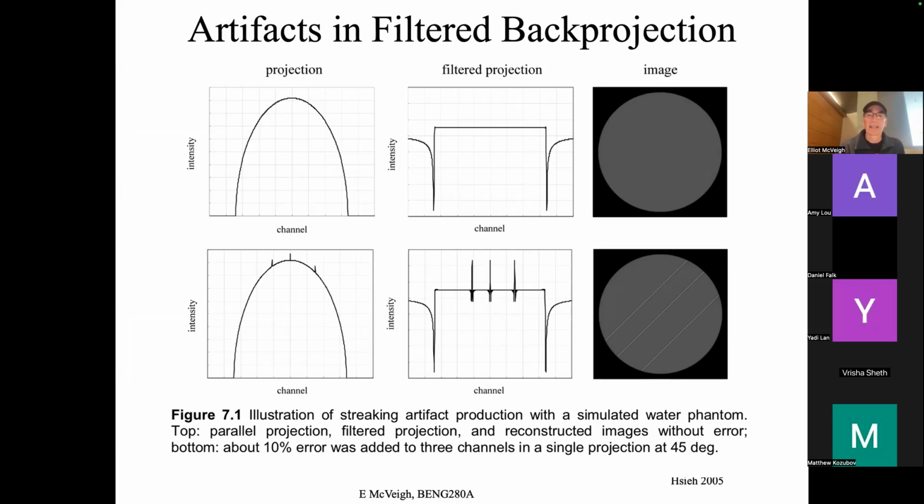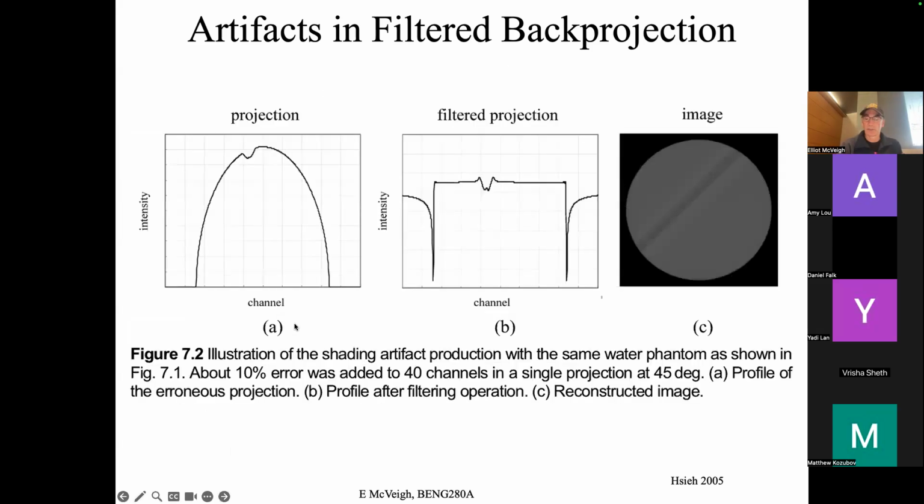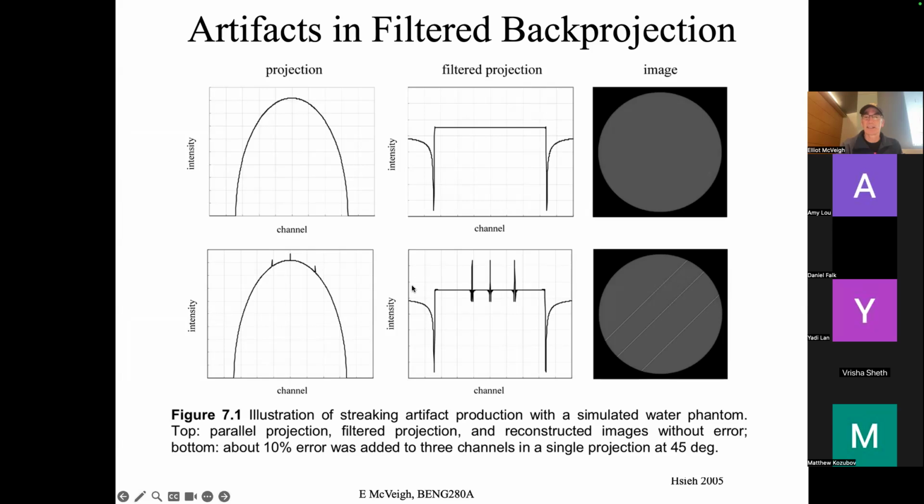And so the ramp function really enhances this when you do this convolution. So these little artifacts become quite big on the g*_L(theta). And then when we back project, we have one view, one theta that has these big spikes on it, and the image looks like this. It has streaks through there at that particular angle.